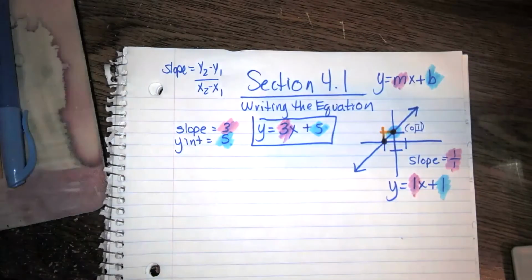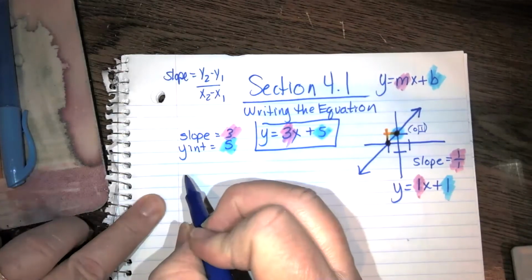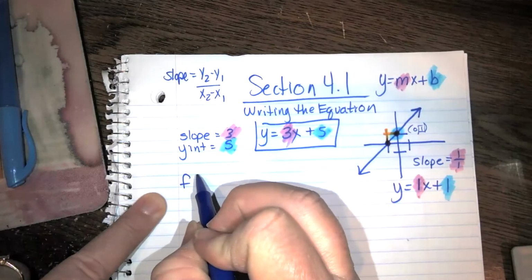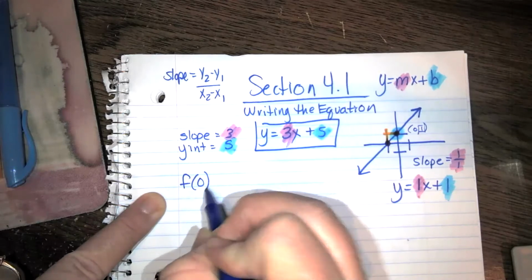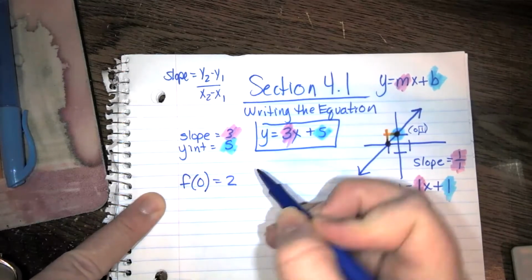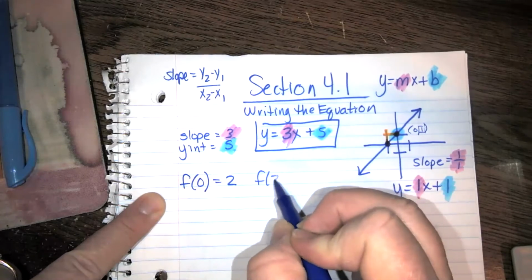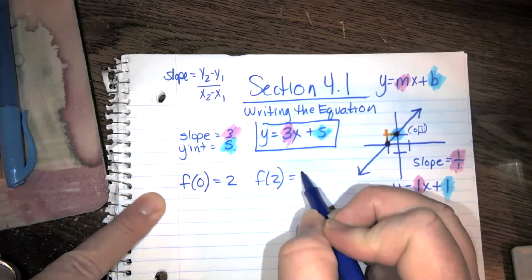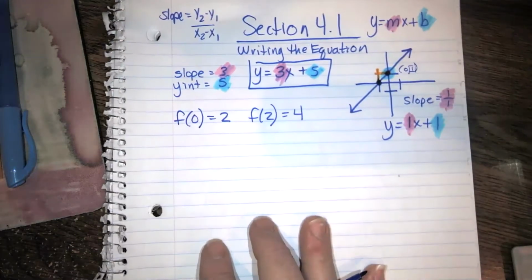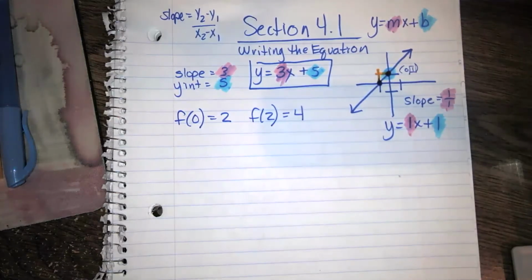Wonder if you're given the equation like this. Wonder if I told you that f of 0 is 2 and f of 2 is 4. How do I find something like that?